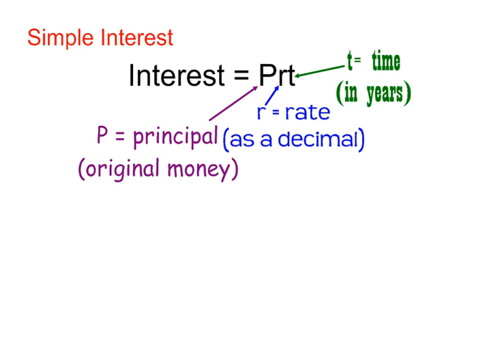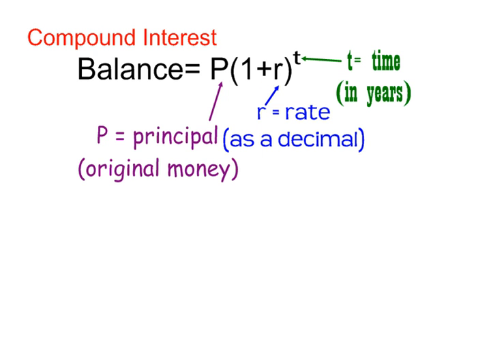So then there's something else called compound interest. Now compound interest is a little bit different. Let's say that I started out with $100 in my account and that they were giving me 5% interest. Well, that means if I did 100 times 0.05 each year, I would be earning $5.